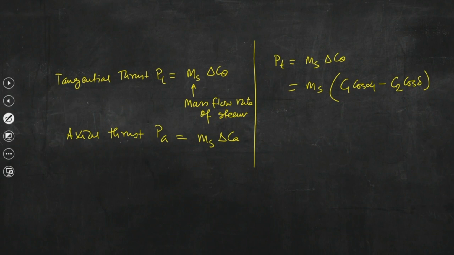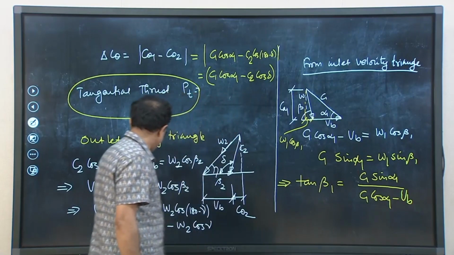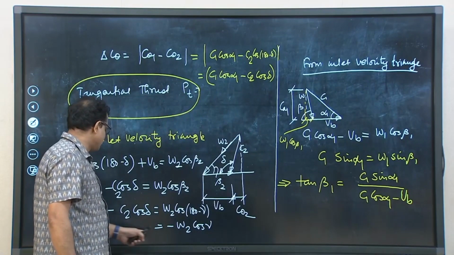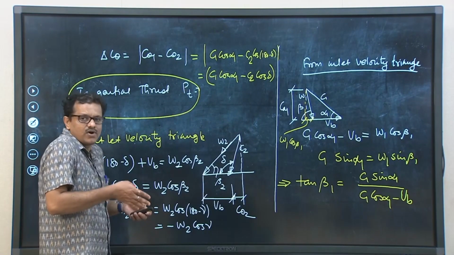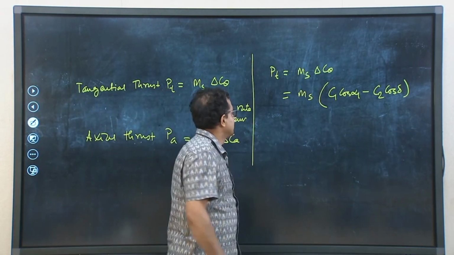Now, see this C1 cos alpha 1 minus C2 cos delta. If we go to the previous slide, we can write C1 cos alpha 1 is equal to W1 cos beta 1 plus Vb, while C2 cos delta is equal to W2 cos beta 2 minus Vb. So, this is one way of calculating this expression.